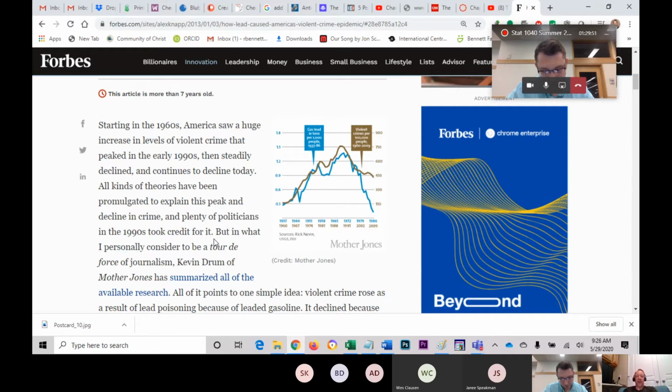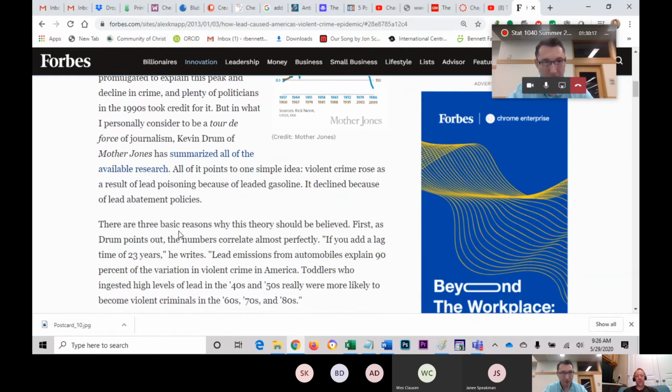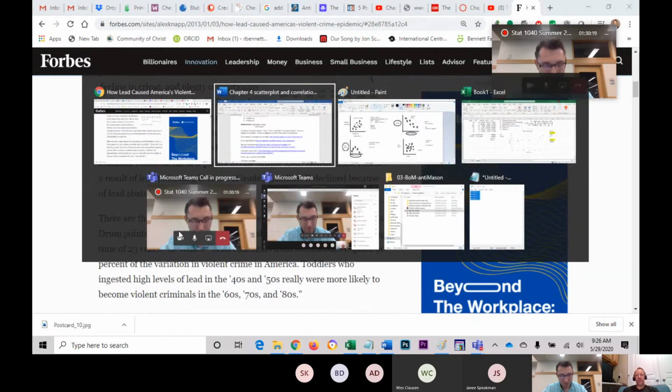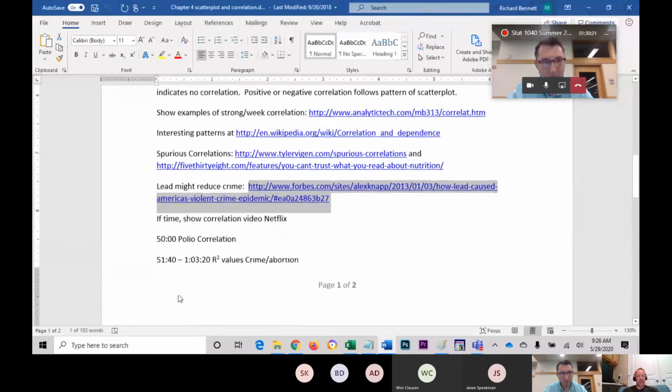But it does appear that not only is lead possibly related to violent crime, it's definitely correlated with affecting your thinking ability and test scores and things like that. And so we've got all these poor children in Flint, Michigan that have been exposed to lead, and it's probably going to affect them for a generation. So anyway, that's kind of interesting.